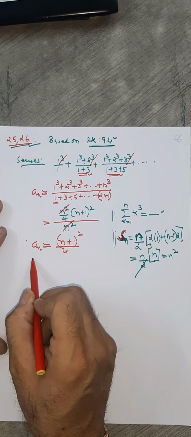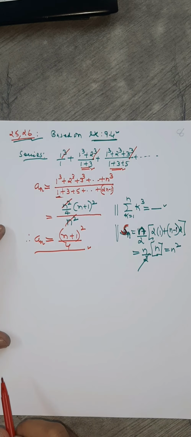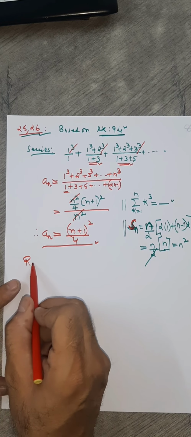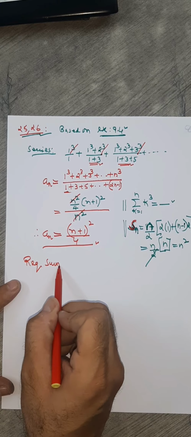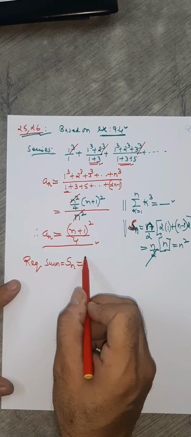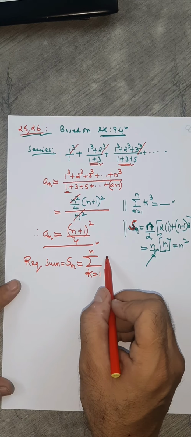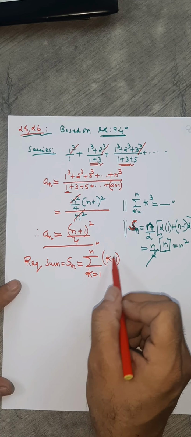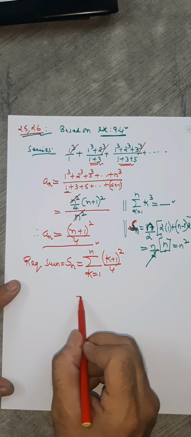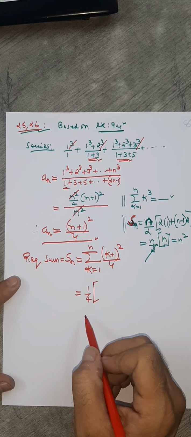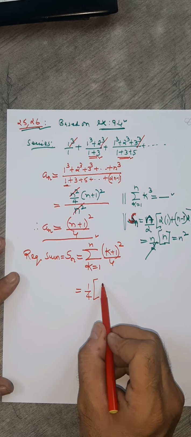You have (n plus 1) whole square by 4. That is an. Now recall exercise 9.4. Once we get an, the required summation, that is Sn, is sigma k runs from 1 to n, (k plus 1) the whole square by 4. That 4 is constant, so I'll keep 1 by 4 outside. And what is this?